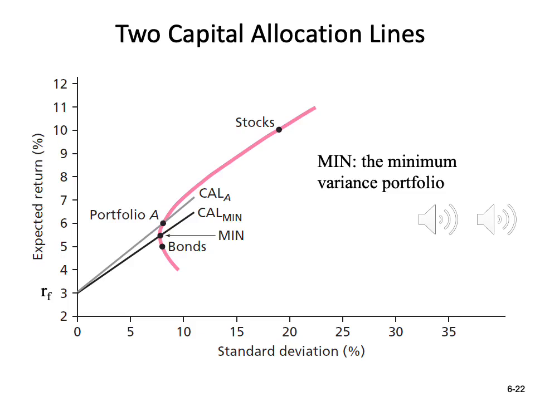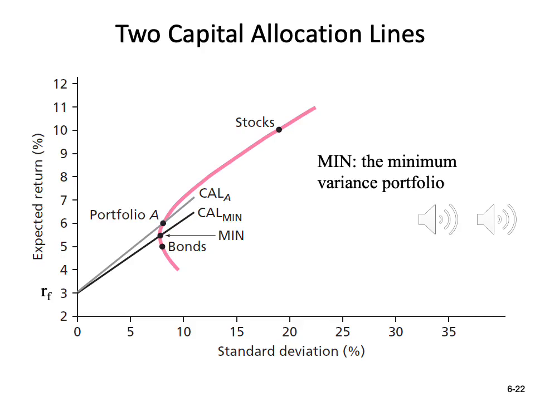So now let's combine the risk-free asset and our risky portfolio together to form a complete portfolio. Again, the pink curve is our investment opportunity set for the risky portfolio. You can pick any possible combination of the stocks and the bond on the pink curve.